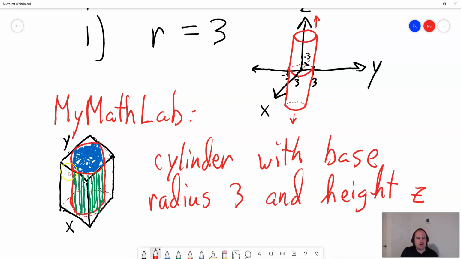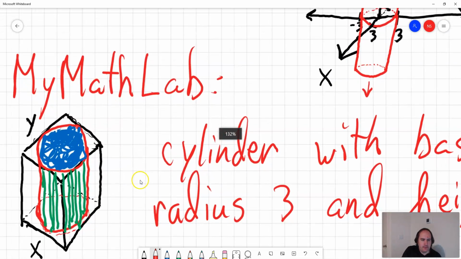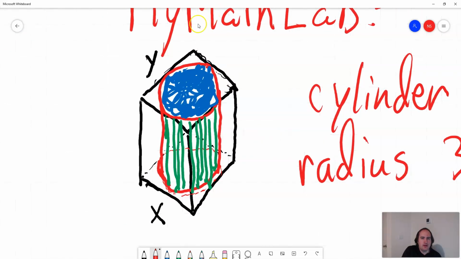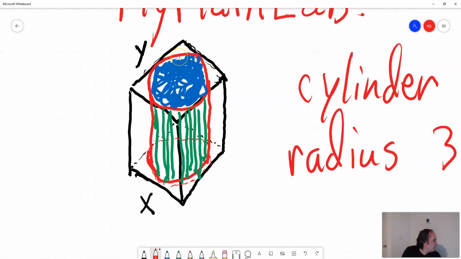And so how are you going to label the cube? Well, again, on MyMathLab, the way they label the cube is, let me zoom in. Because it's a cylinder of radius 3, they label the corners of the cube. So here's 3, here's -3 for the y-axis.